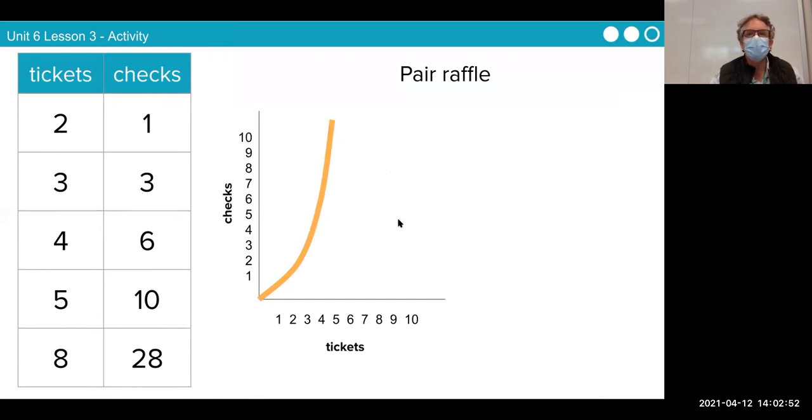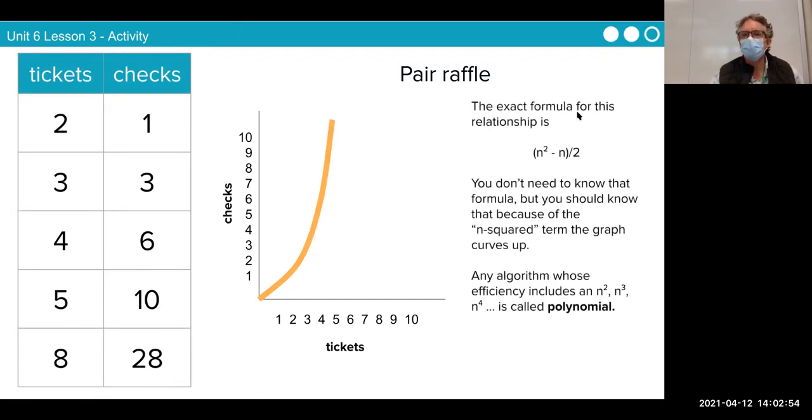The exact formula for this relationship is n squared minus n divided by 2. You don't need to know the formula, but you should know that because of n squared, in the graph, it curves up. Any algorithm whose efficiency includes an n squared, an n cubed, and n to the 4th is called a polynomial.